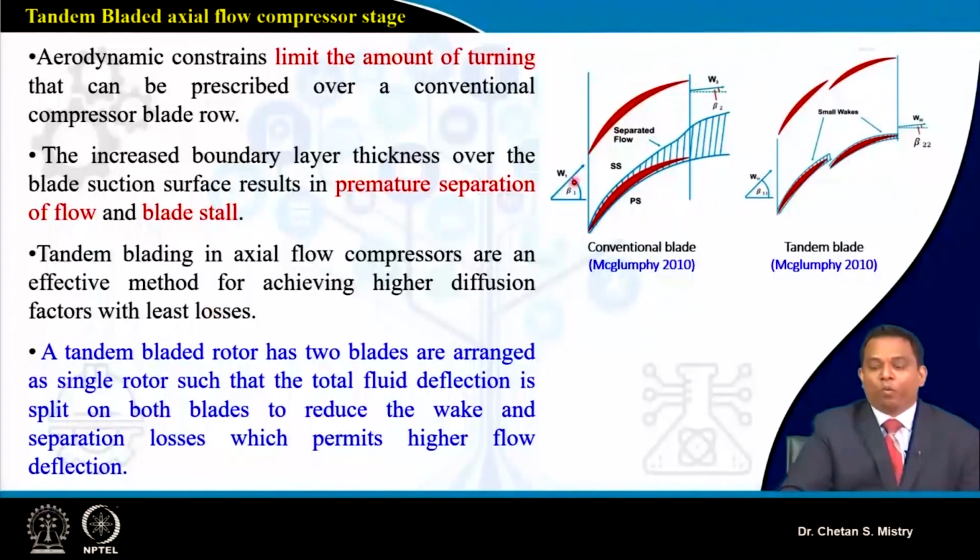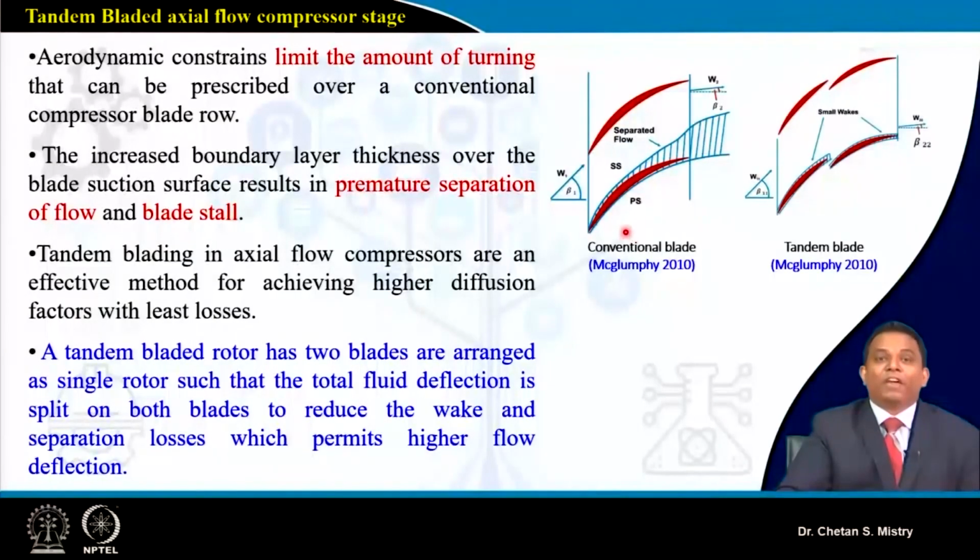Now, what we are looking at this moment is arranging our aerofoils in a systematic way. The angle we are talking about, delta beta, changes all the way from hub to tip.